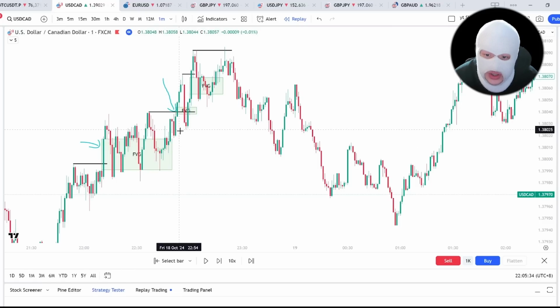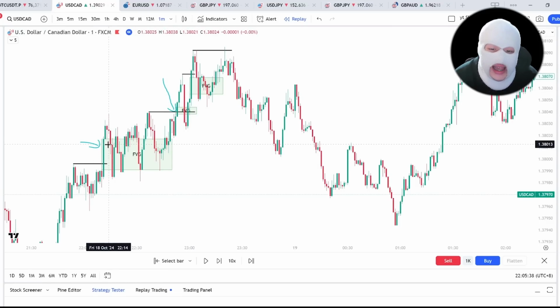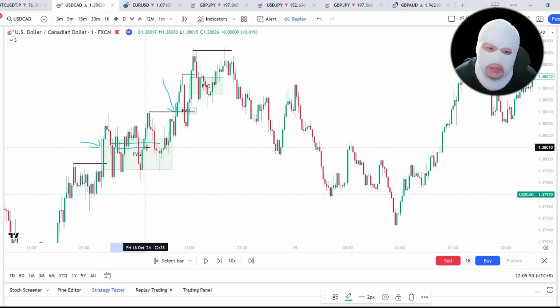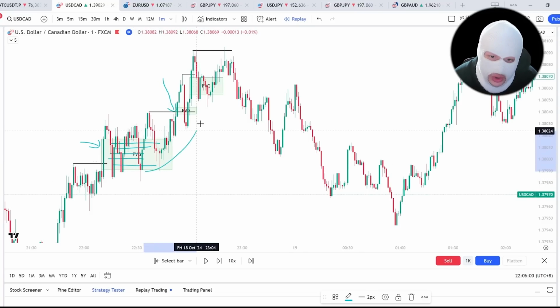These demand zones remain unmitigated or unchallenged until price taps into them, offering a perfect opportunity to follow the dominant trend. Basically, what it means is that these are areas where there will be a lot of limit orders placed because buyers will think that it is a good price. So once price taps into these areas, these limit orders will be filled and price will shoot up.